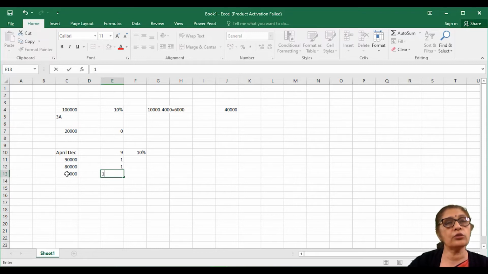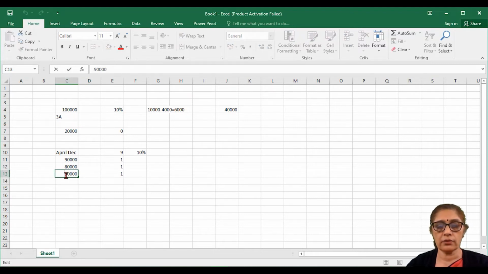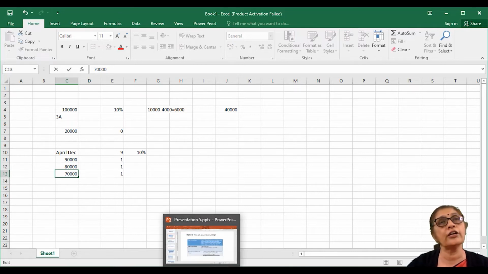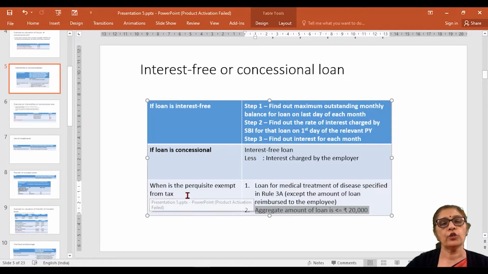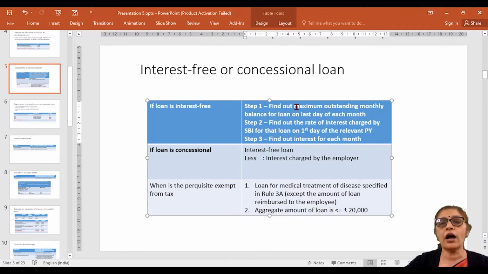Feb, 80,000, 1 month, 10%. March, this would be 70,000, reduced by 10,000 each month, 1 month, 10%. So every month your balance gets reduced, and on the reducing balance, you will find out the value of the perquisite. So what do you do? Find out the outstanding monthly balance on the last day of the month.